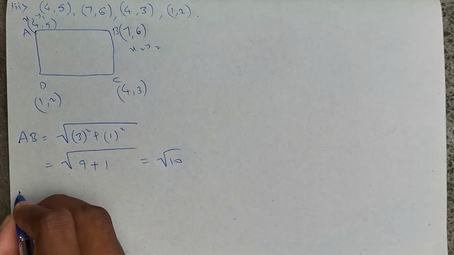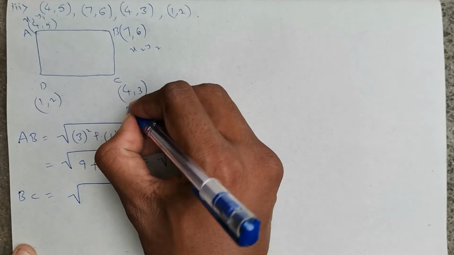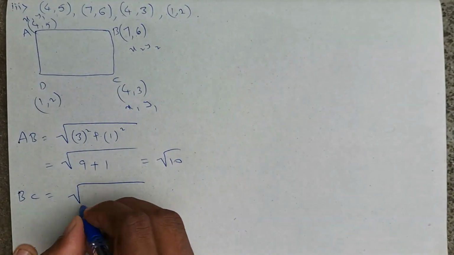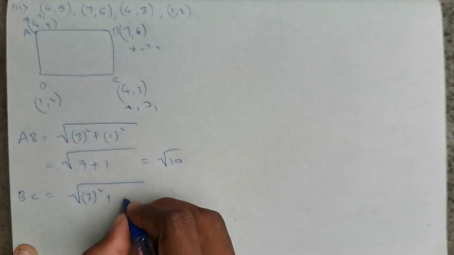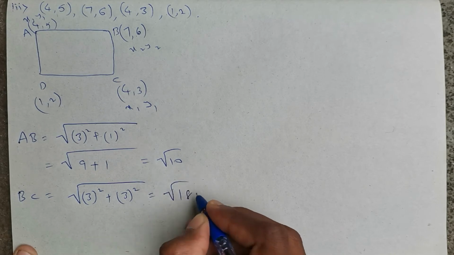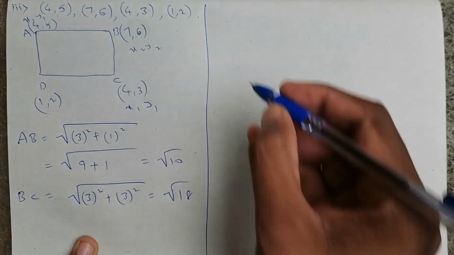Next, the same way I am going to find BC distance. This is already x2 y2, so this I am taking as x1 y1. x2 minus x1, 7 minus 4, 3 square, plus 6 minus 3, 3 square, is equal to under root 3 square 9 plus 3 square 9, 9 plus 9, 18, root 18. Next CD distance.